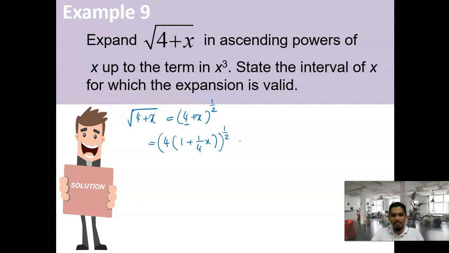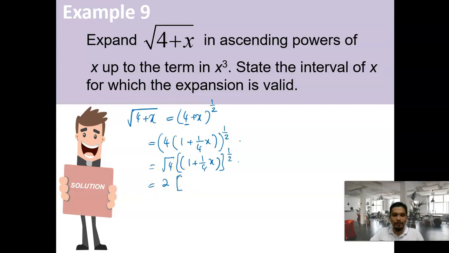And don't make a simple careless mistake here: this 4 is also related with this power of half, which means that it is square root of 4 and 1 plus 1 over 4x to the power of 1 over 2. Okay, square root of 4 equal to 2.